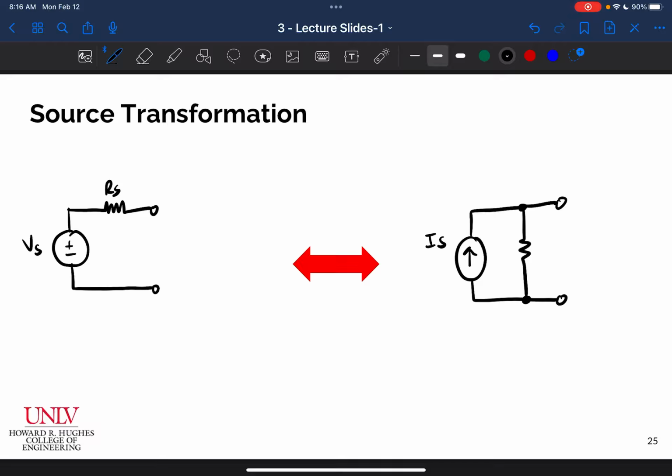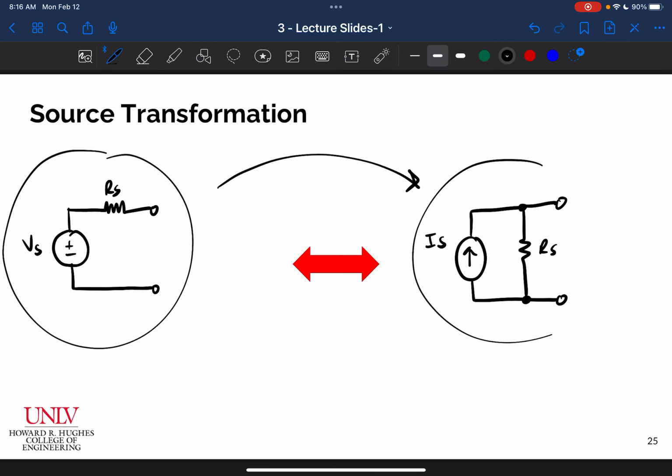This is I source, and I'll call this one R source as well. We know that these two resistances are equal. We determined that previously in Thevenin and Norton. But all I'm saying here is if I have a circuit that looks like this, I can replace it with a circuit that looks like this by using Ohm's law.